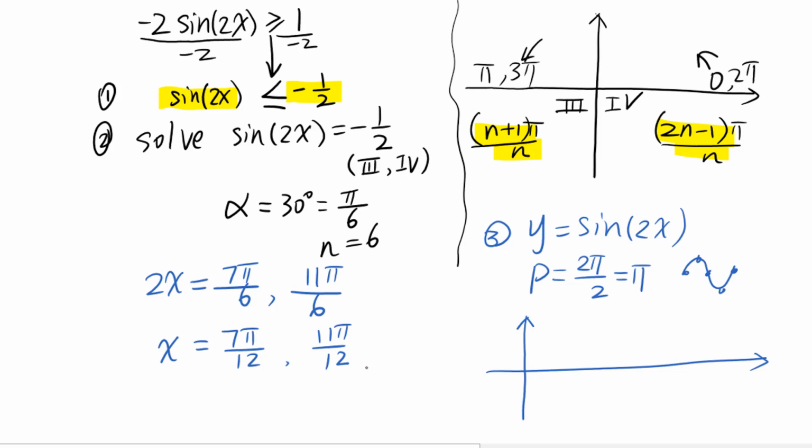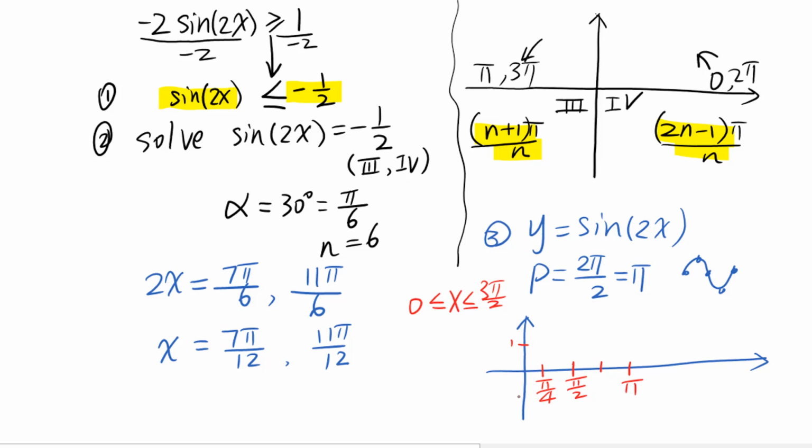We know the domain for this graph is x greater than or equal to 0, less than or equal to 3 pi over 2. This is pi, half, half, half. So we get pi over 2, pi over 4.